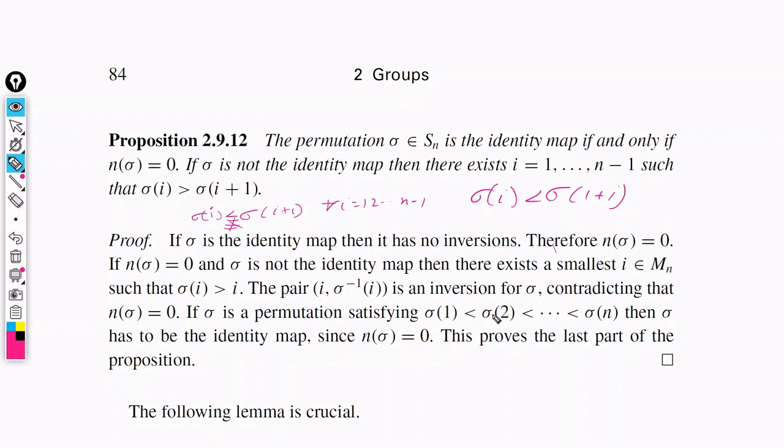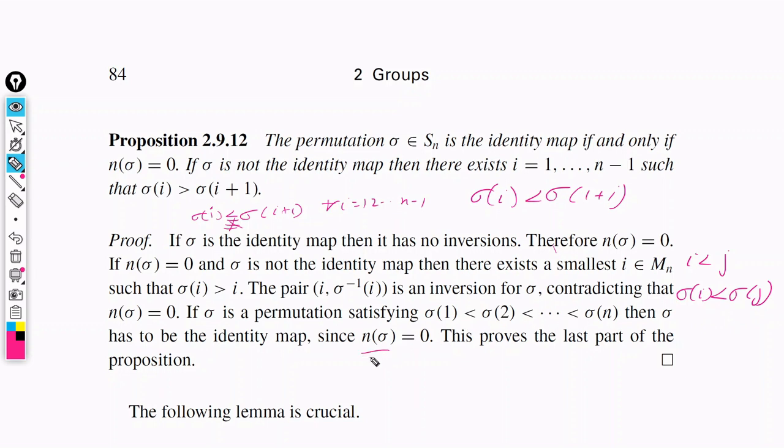That means sigma(1) is less than sigma(2) is less than sigma(3), and so on, less than sigma(n). This means sigma has no inversion, because if i is less than j, then sigma(i) is also less than sigma(j).